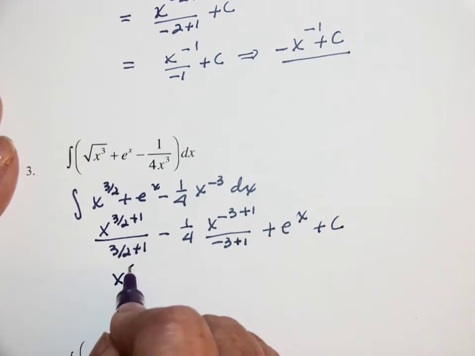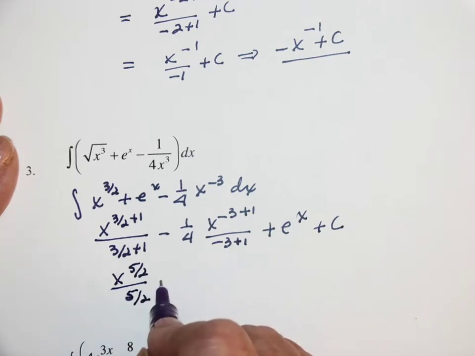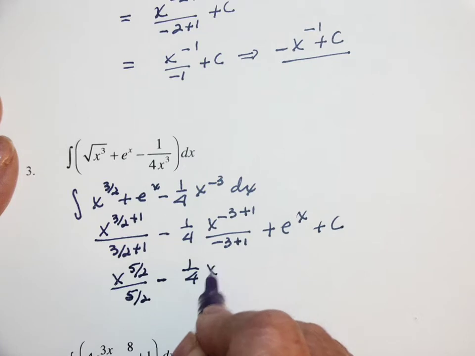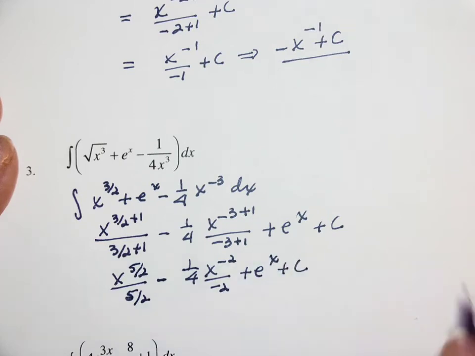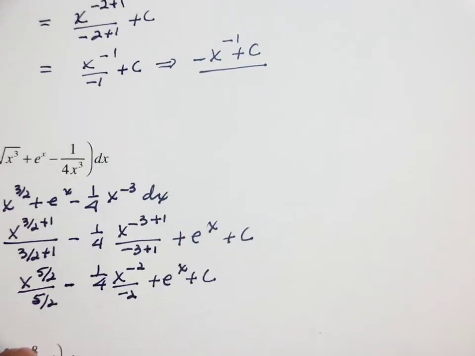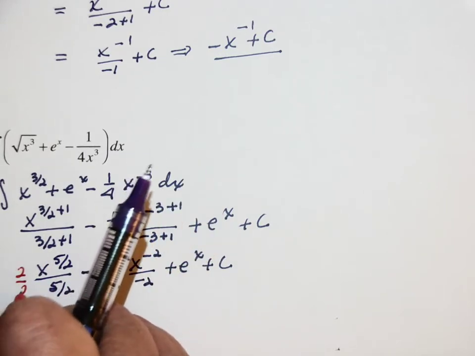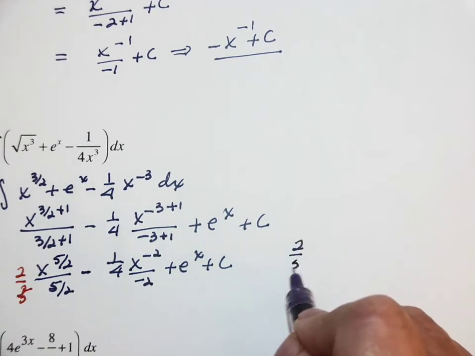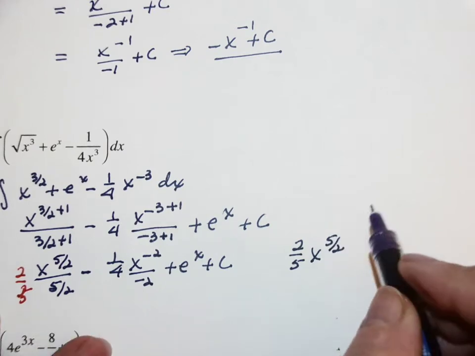This would be x to the 5/2 divided by 5/2 minus 1/4 x to the minus 2 over minus 2 plus e to the x plus c. Or remember what happens to the 5/2. 5/2 will flip to become 2/5. So this will become 2/5 x to the 5/2.